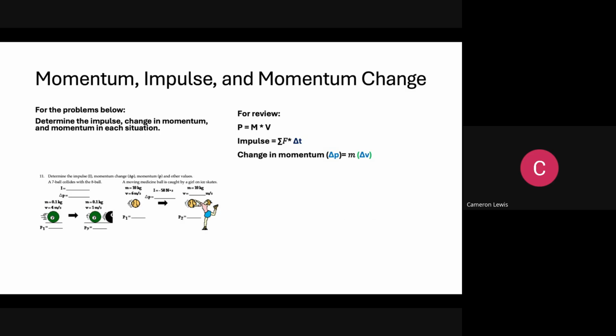We want to evaluate how objects move when they feel an impulse or a change in momentum. So we want to go through this scenario. The first one is billiards. You have a 7-ball that collides with an 8-ball, so we want to identify the impulse, change of momentum, and momentum in the system at each point.